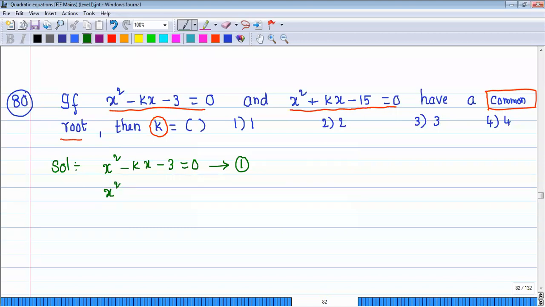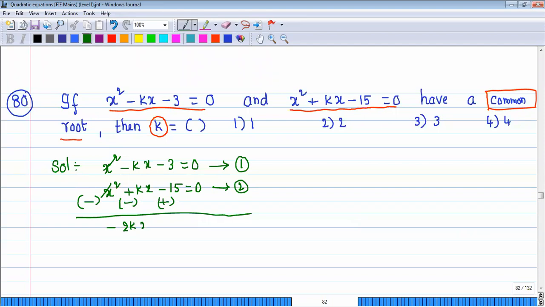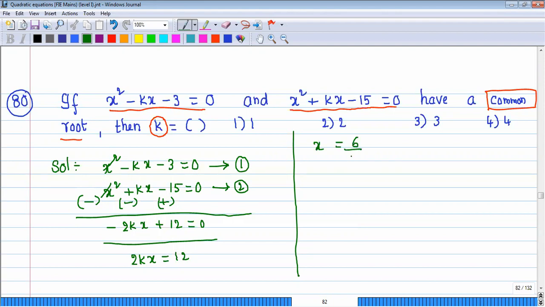Second equation is x square plus kx minus 15 equals to 0. So subtracting, minus this becomes plus. x square cancel, minus kx minus 2kx. This will be plus 15 minus 3 plus 12 equals to 0. We have 2kx is equal to 12. Now x becomes 12 by 2k, that is 6 upon k.